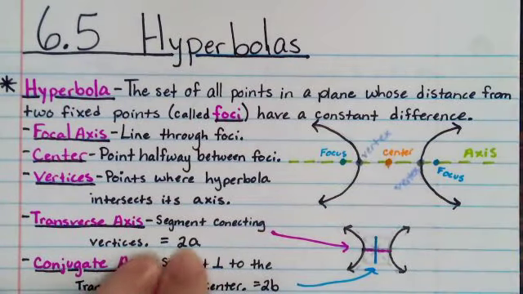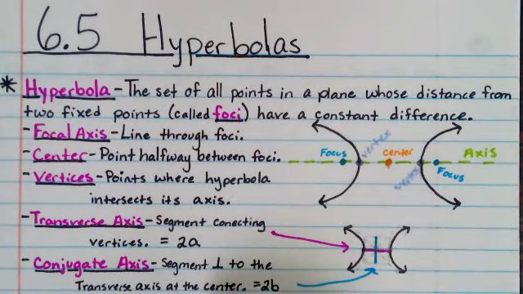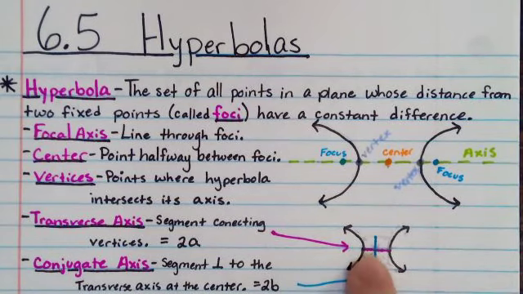The transverse axis is comparative to that major axis. That's the one that's 2a. The conjugate axis is the one that would compare to the minor before, and it's 2b. Kind of.